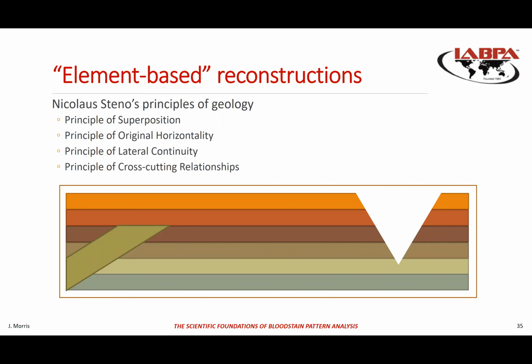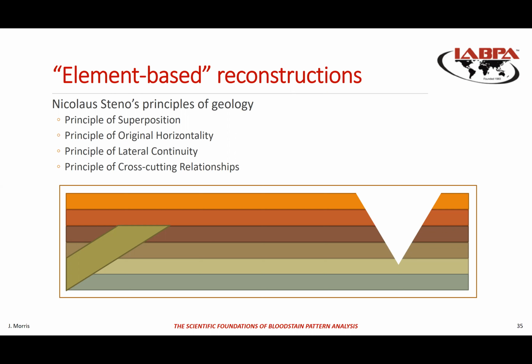Now, this is an example that has been used in crime scene reconstruction as well as bloodstain pattern analysis. It's Nicholas Steno's principles of geology. What Nicholas Steno discovered is that as we look at geological features, certain things become obvious, that the layers of rock on the bottom are older than the layers of rock on the top.